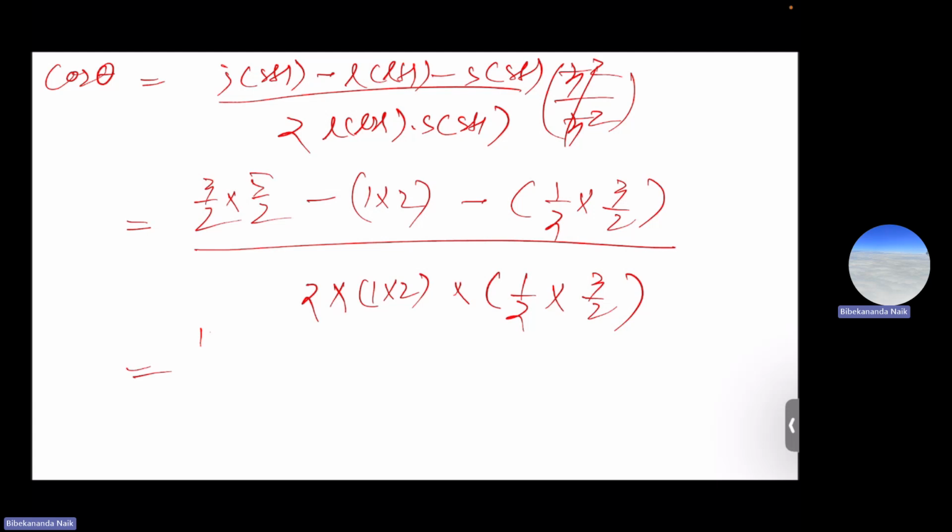So it is 15 by 4 minus 2 minus 3 by 4 divided by 4 into 3 by 4. 4 gets cancelled out. It is 15 by 4 minus 2 minus 3 by 4.